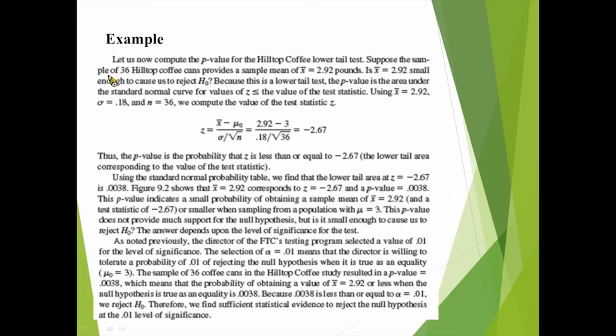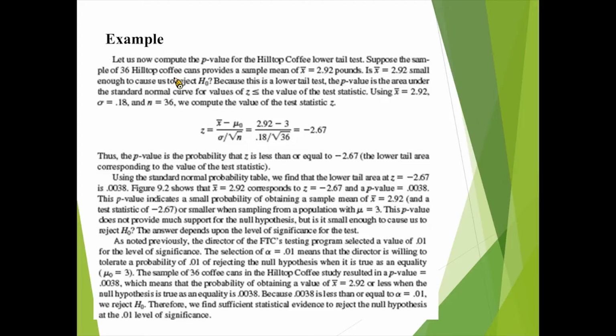Suppose a sample of 36 coffee cans provides a sample mean of 2.92 pounds. Is the mean value 2.92 small enough to cause us to reject H0?